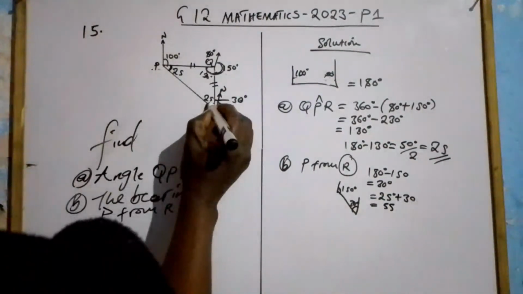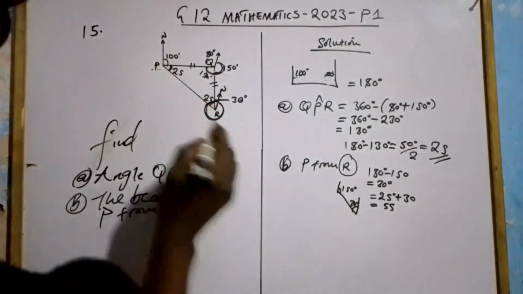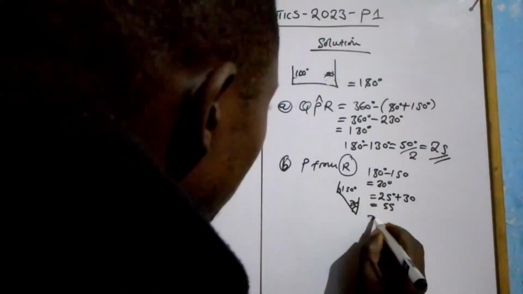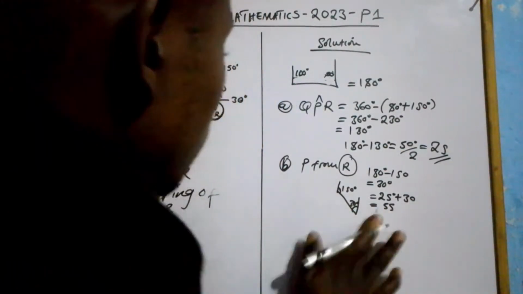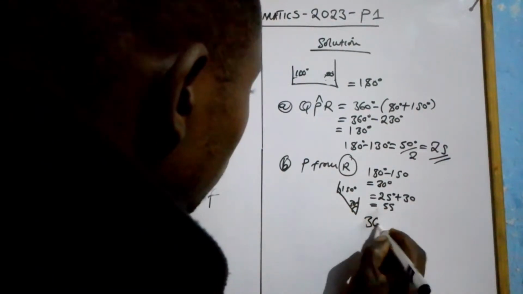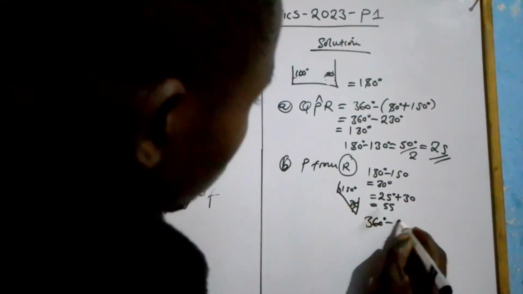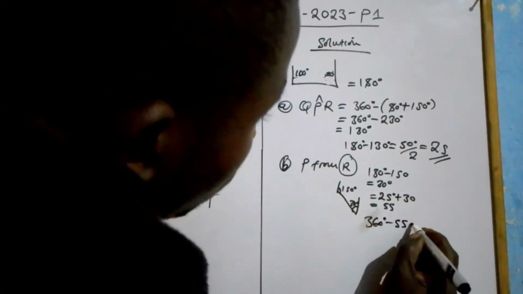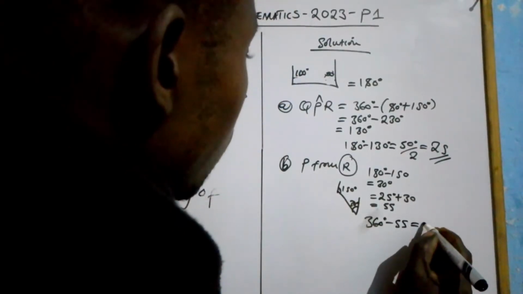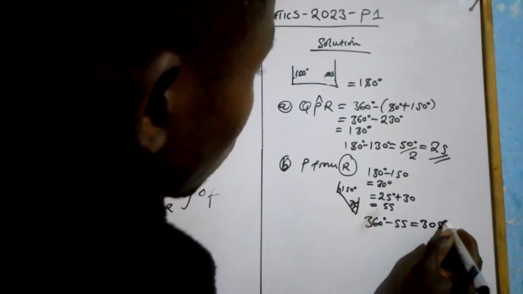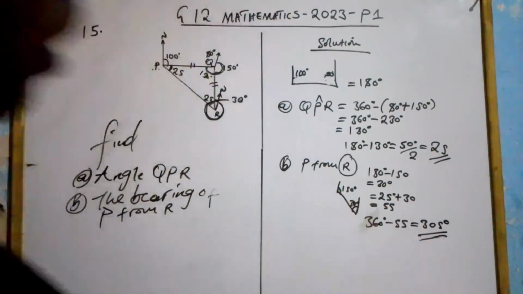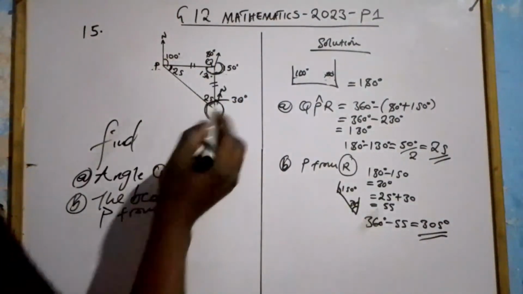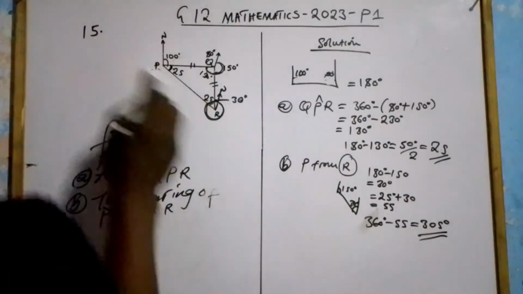Since all this angle is 55, you're going to subtract 360 degree minus 55, which should give us 305. That's our angle, the bearing of P from R.